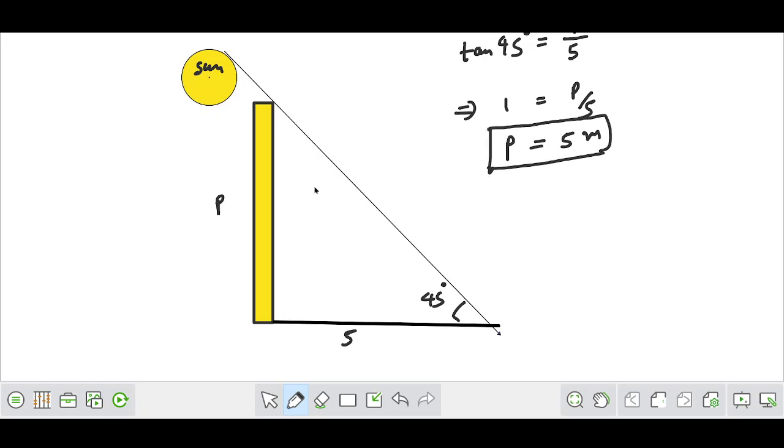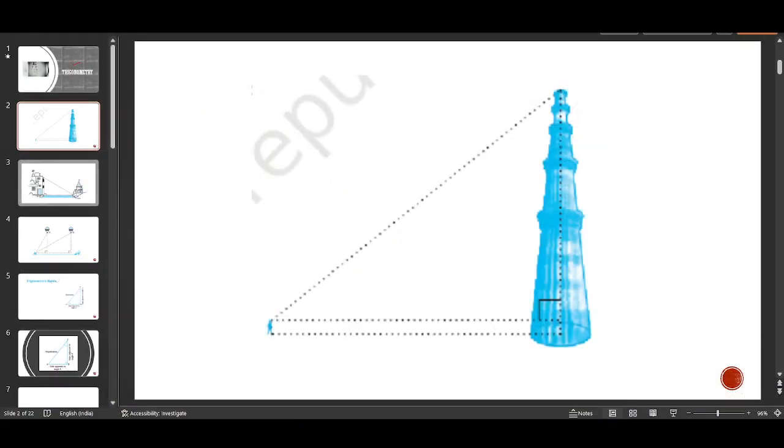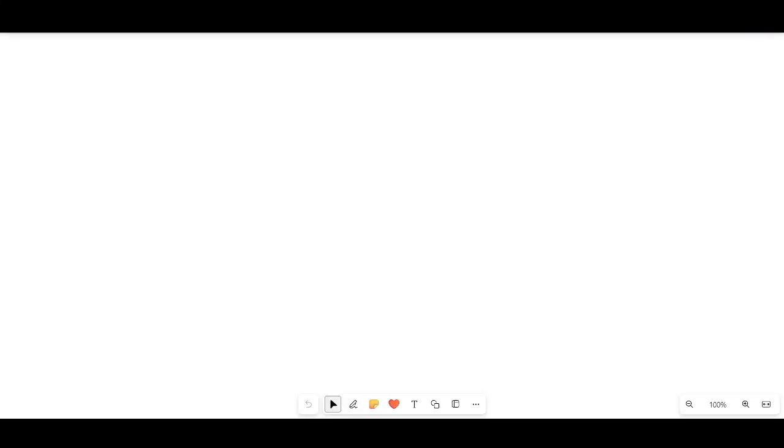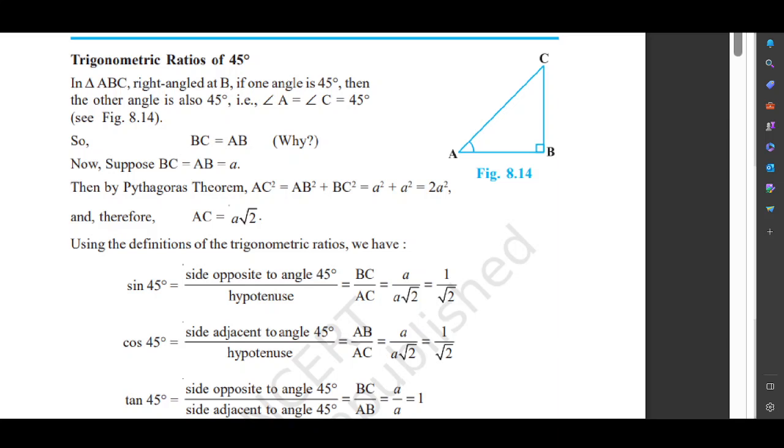In the same way, on the basis of ratio, we can find many things. Clear? Now we will tell you more points.